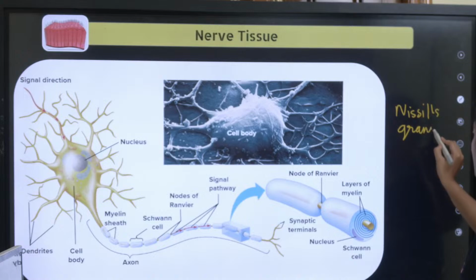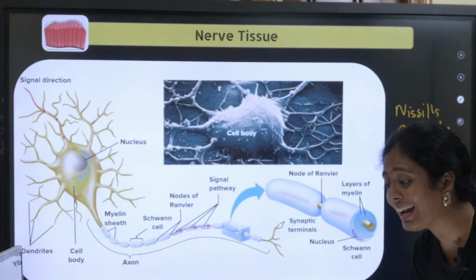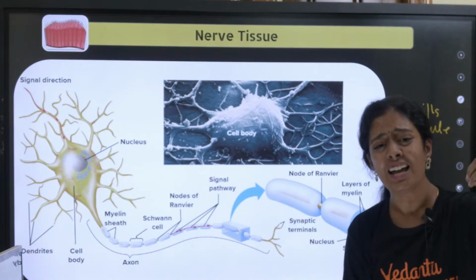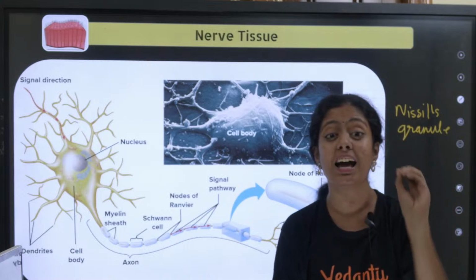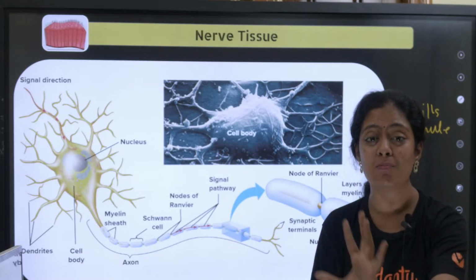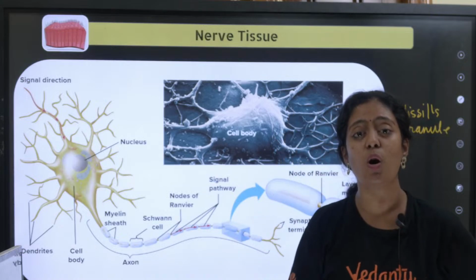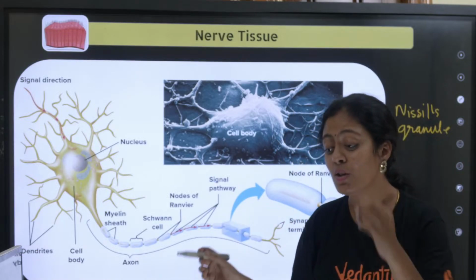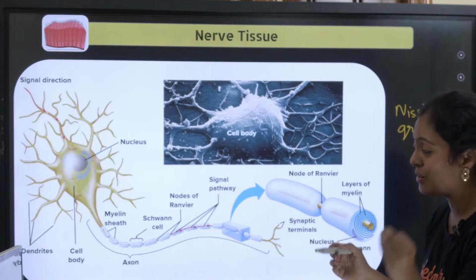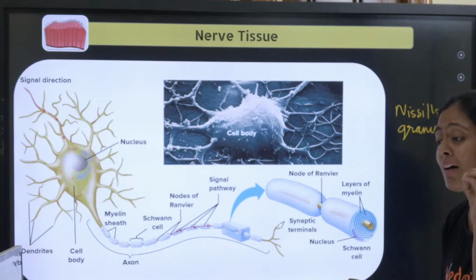And your neuron, remember children, is an elongated cell. Why is the neuron elongated? Because it is involved in transmission of impulse. So it transmits impulses from the brain to your organs and from your organs to your brain. So these neurons, yes, Nissl's granules, very good, correct. And then you have the axon.